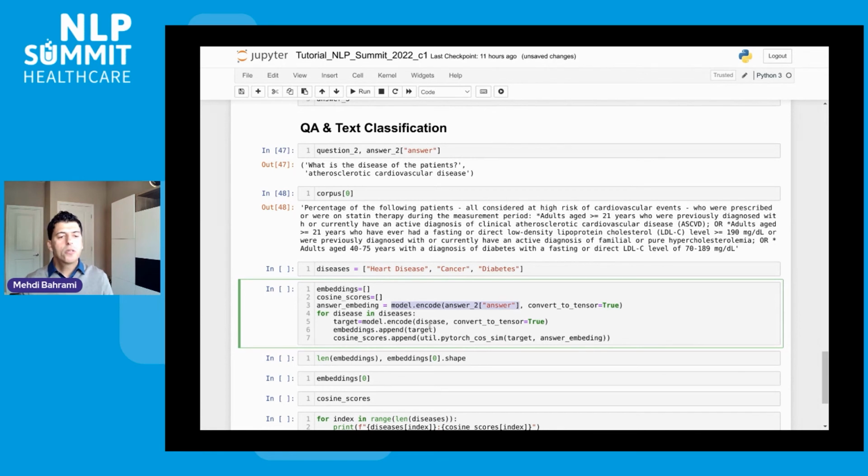Again, we're going to encode, which means generate a numerical vector representation. Once we capture the vector representation, I'm going to use PyTorch cosine similarity between two different vector representations, which means, in other words, I can capture the similarity between the answer and the class. All those similarities are put in an array of cosine scores.